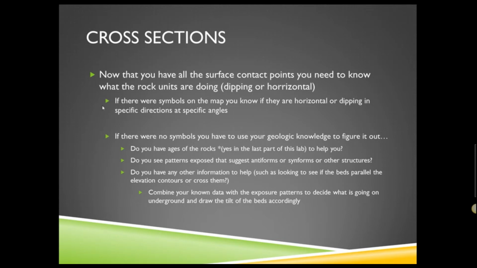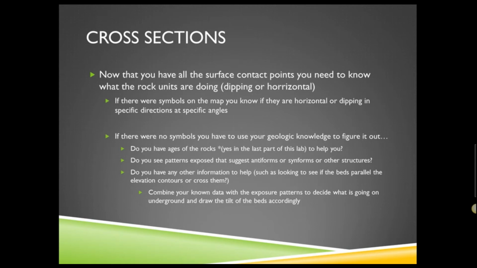So now that you have all of the surface contact points drawn, either on your flat surface or on your profile, you need to start connecting them and extending them underground. If there were symbols on your map, you'll know if the beds are dipping, at what angles they're dipping, but a lot of times you don't have symbols.